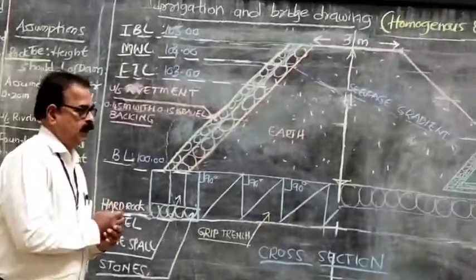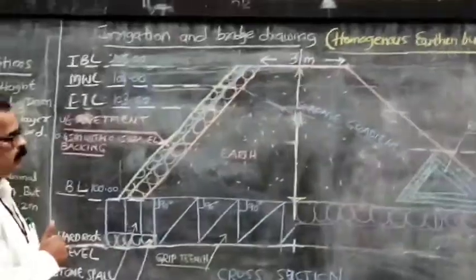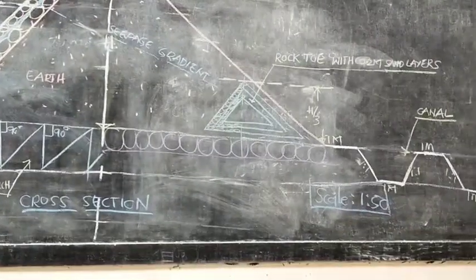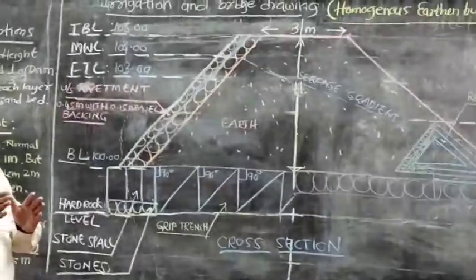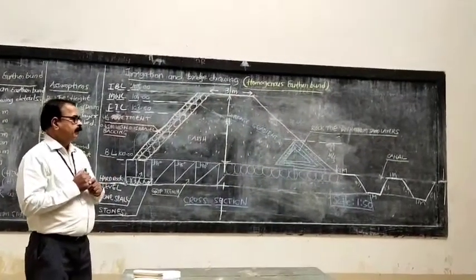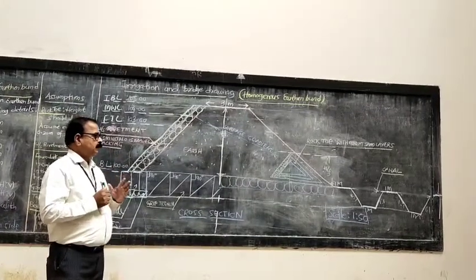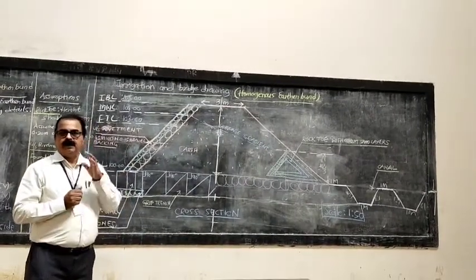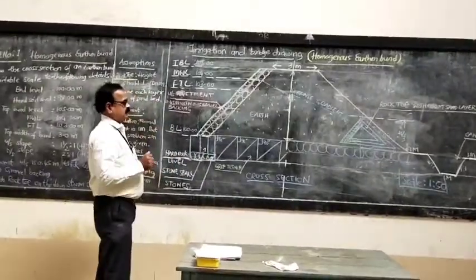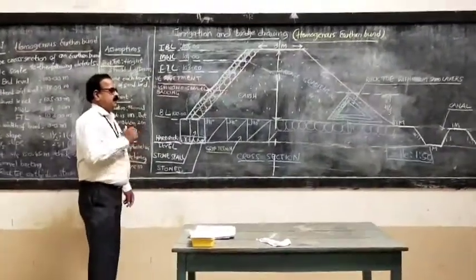How to start the drawing? First we have to select the scale. There are various scales, 1:100, 1:200 and 1:50. The scale depends upon the height of the bund. Here the height is 5 meters, which is very small.